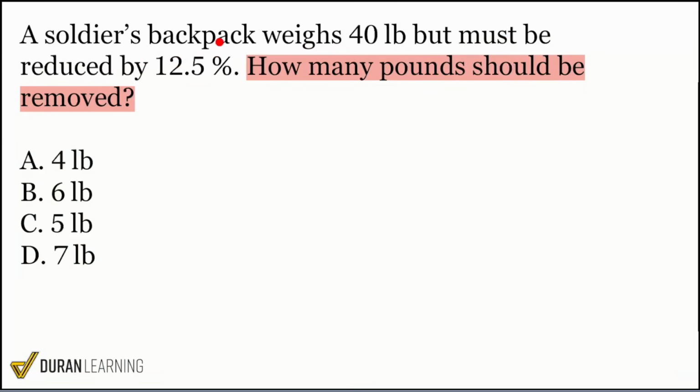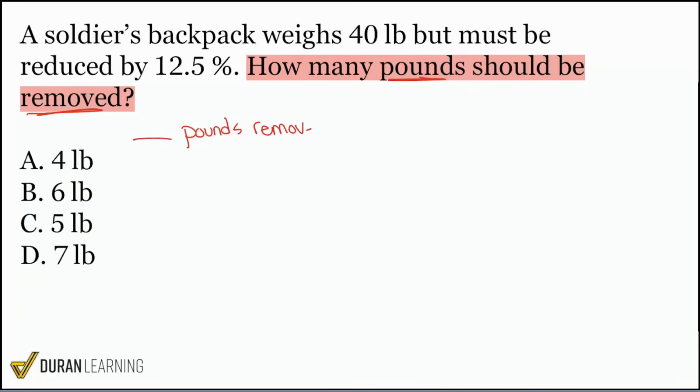A soldier's backpack weighs 40 pounds, but must be reduced by 12.5%. Okay, so let's see what we have and what we're looking for. We want to know that we have some pounds that are to be removed. So blank pounds removed.